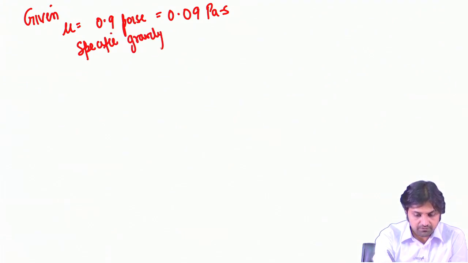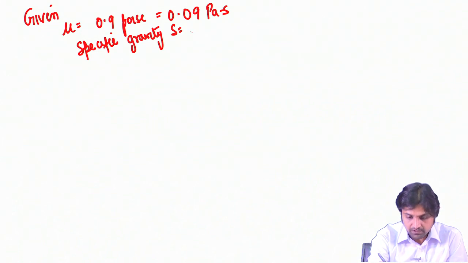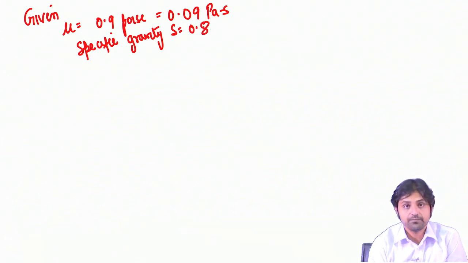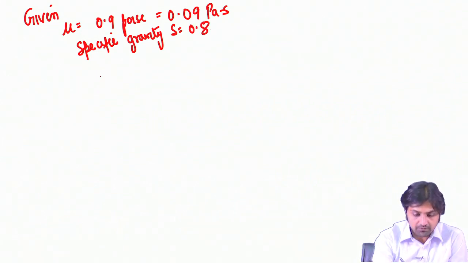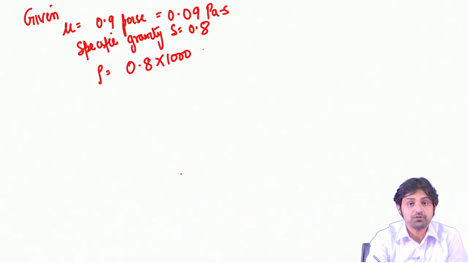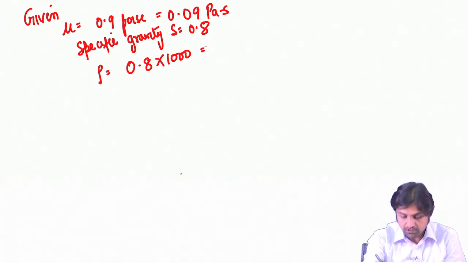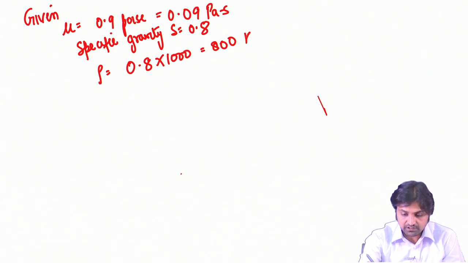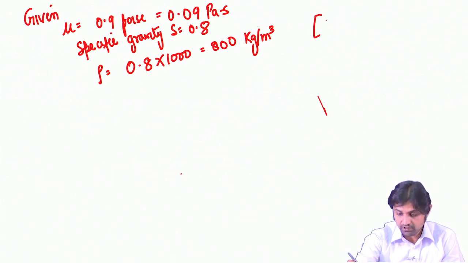Specific gravity S is 0.8. Therefore, if we assume 1000 kilogram per meter cube density of water, the density of the fluid is 800 kilogram per meter cube, since S is rho by rho water.